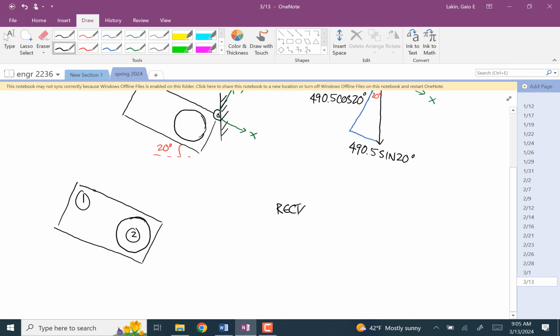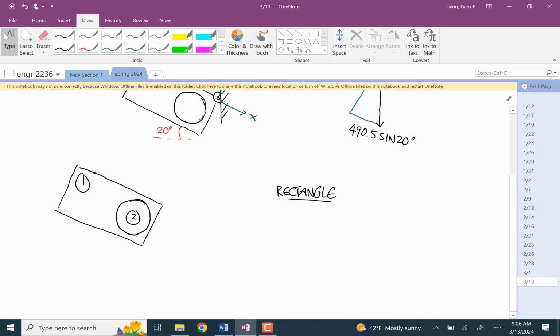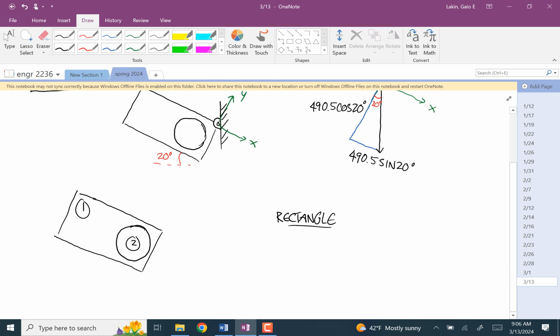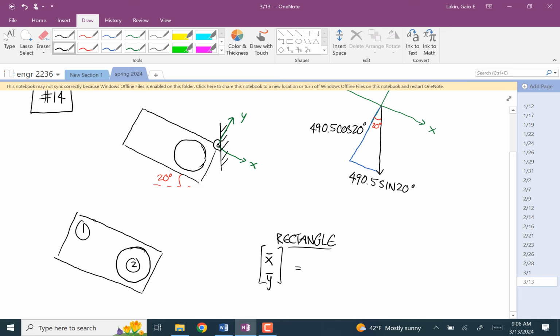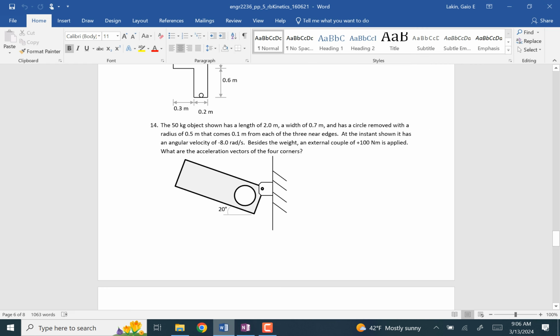So for the rectangle, the centroid, finding the center of that thing is pretty easy. Was it a length of 1.4? No, 2.